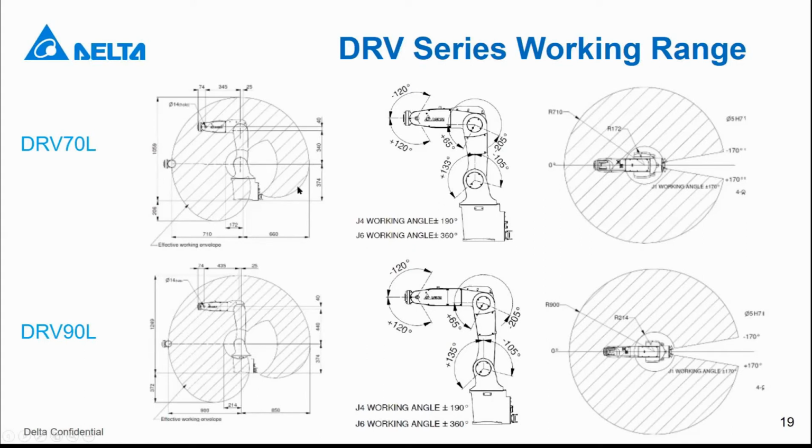And elsewhere, the working range it can reach is not always 700 millimeters, but still very wide. For the 90L series, it's the same. It's a very wide area, just the length is longer. It's 900 millimeters, and the radius is also indicated here.